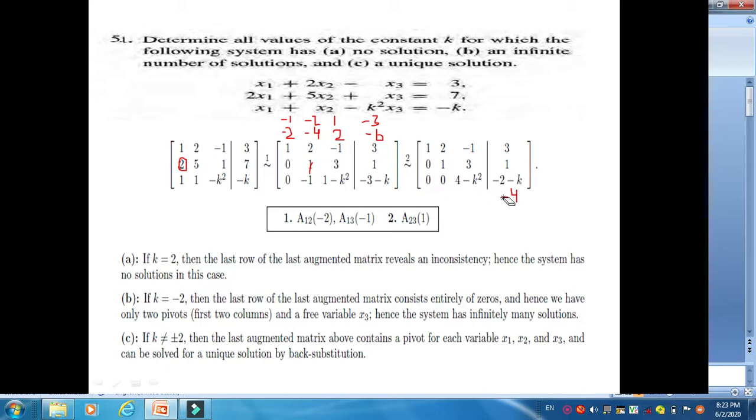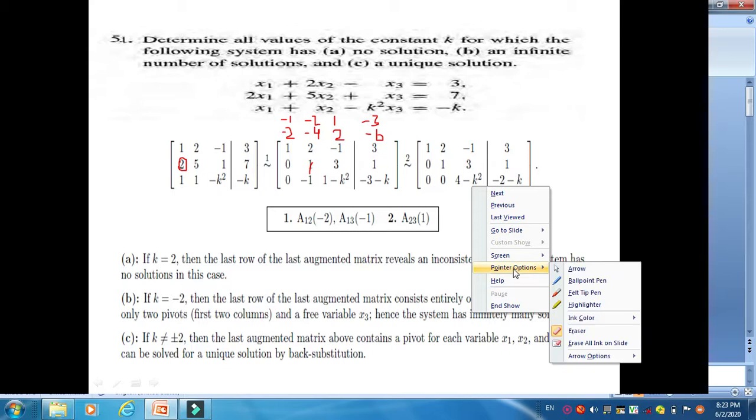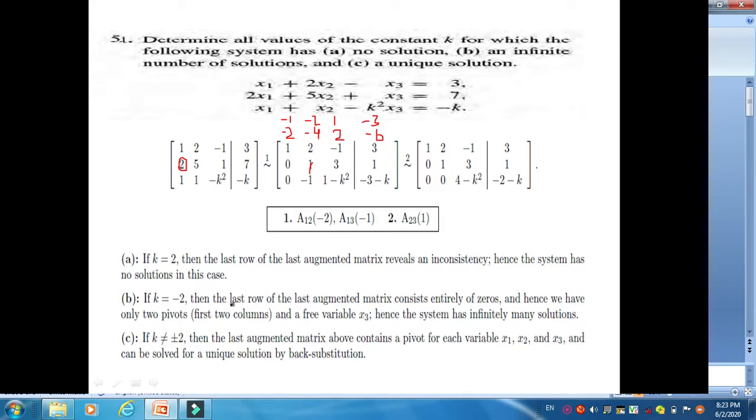Similarly for part B. In part B, it is asking about an infinite number of solutions. So what does the lemma tell us? For an infinite number of solutions, the rank of the coefficient matrix equals the rank of the augmented matrix, and both must be less than the number of unknowns.